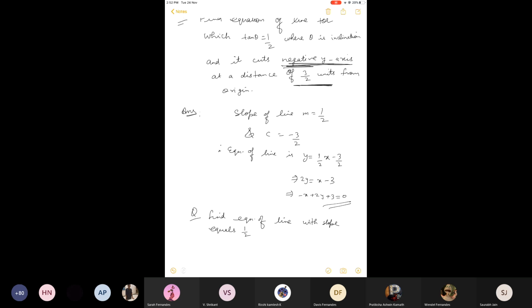And whose x-intercept is 4. So basically you have to find the equation of a line whose slope is 1 by 2 and whose x-intercept is 4. Remember, x-intercept is given.